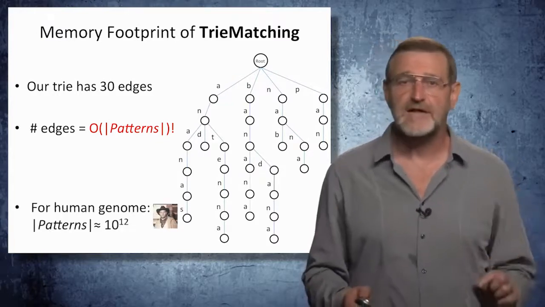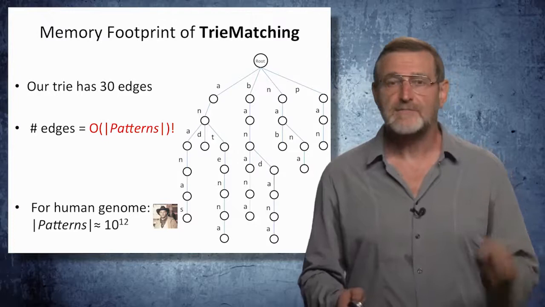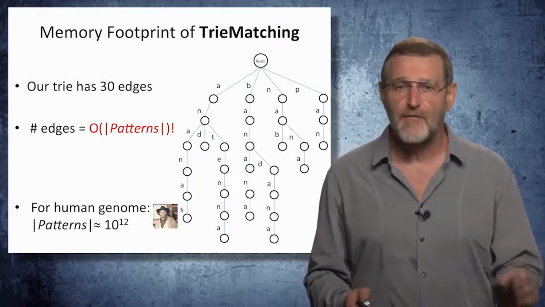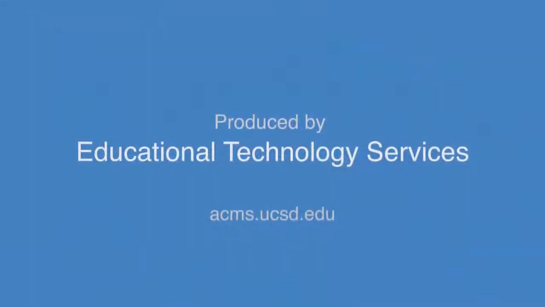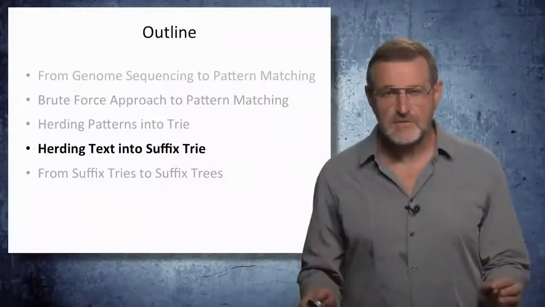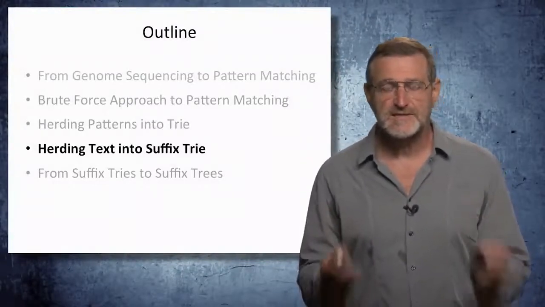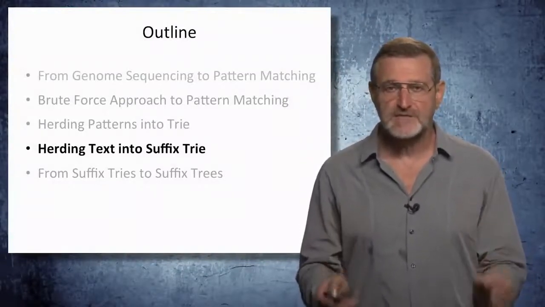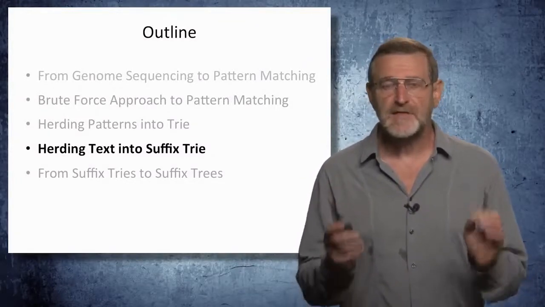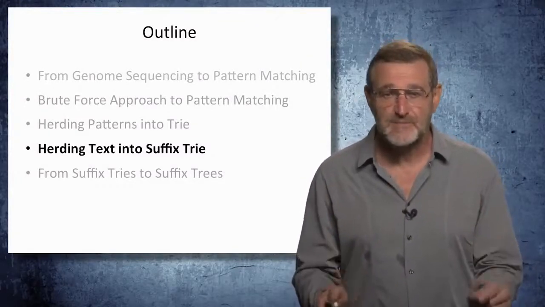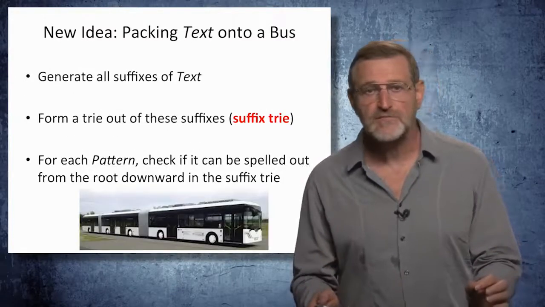So unfortunately, our algorithm will be impractical for read matching. Should we give up? We saw that using tries dramatically improves on the brute force approach with respect to speed, but becomes impractical with respect to memory. What should we do?